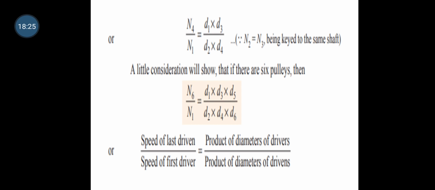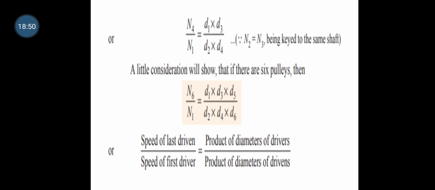A little consideration will show that if there are 6 pulleys, N6 divided by N1, that is the speed of the last driven divided by the speed of the first driver, is equal to the product of the diameters of the drivers divided by the product of the diameters of the drivens.